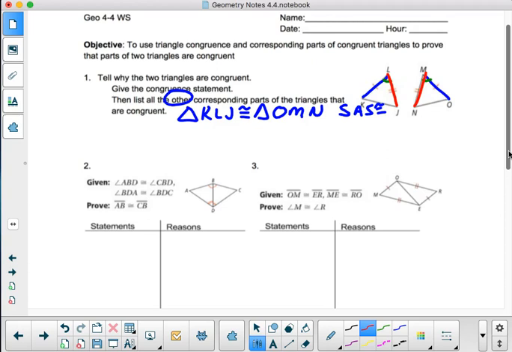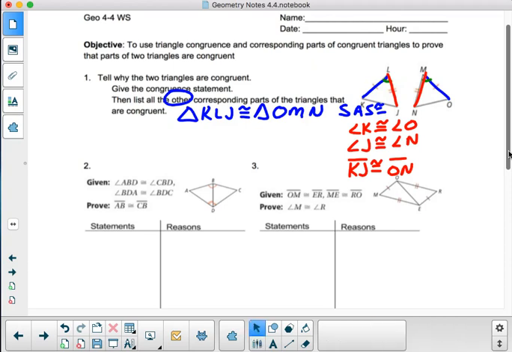Once I state that the triangles are congruent, I also know that angle K is congruent to angle O, and angle J is congruent to angle N. And I also know that the last segment, side KJ, is congruent to side ON. Now, order matters when I'm working with these things, so make sure the corresponding parts are lined up.